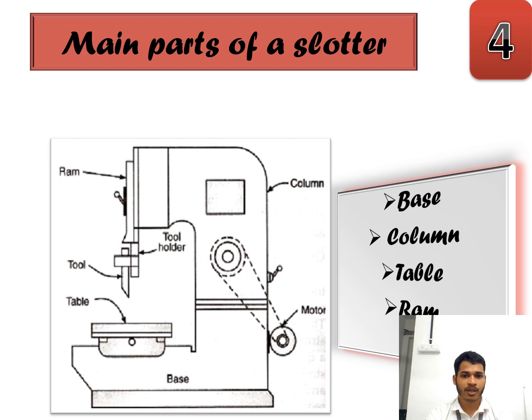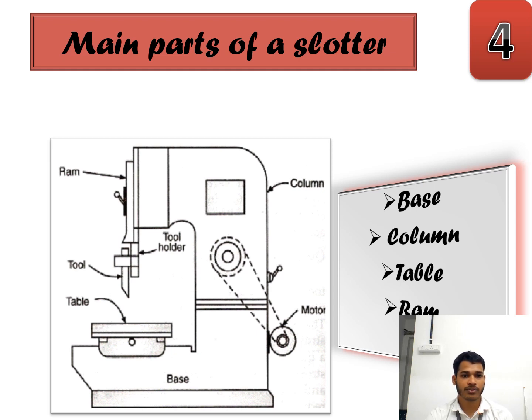And this is the motor, which is generally used for rotary motion, and it transfers electrical energy to mechanical energy. And this is the ram, which is used to move the tool upward and downward. And also there is the guideway.